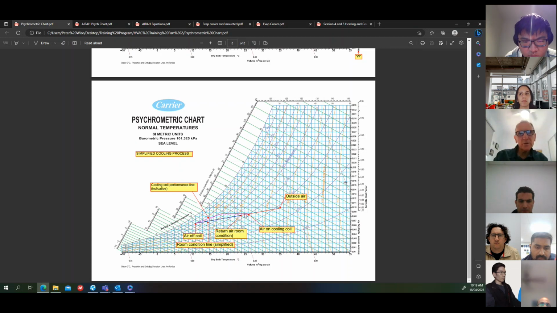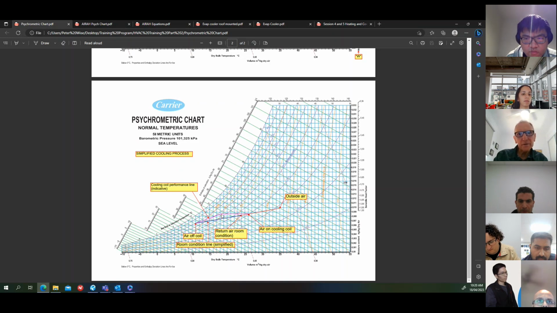The initial part of the cooling process, and I'm going along this purple line, is basically sensible cooling until you've reached the dew point and you start to get condensation. Moisture is being condensed out of the air, and so it starts to follow this direction, which is a combination of sensible and latent cooling.